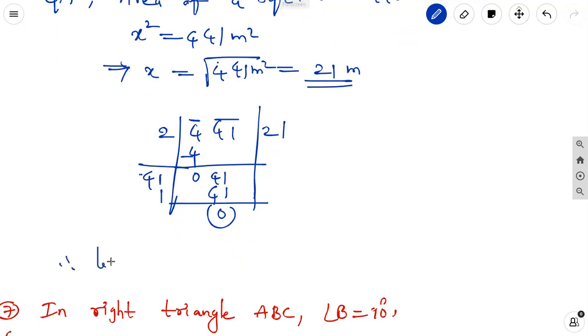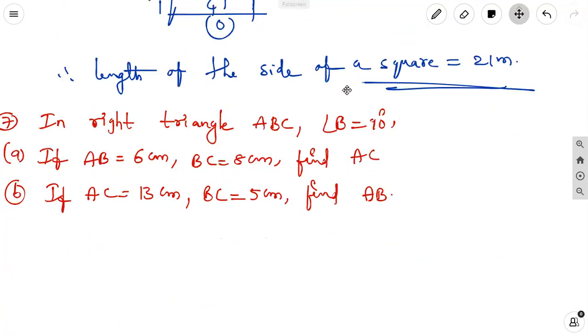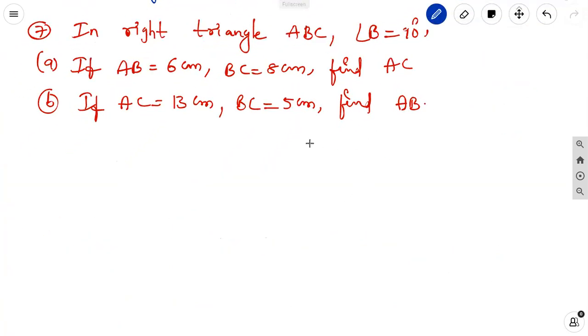Therefore, the length of the side of the square is equal to 21 meters. That is the answer. Just take the formula and use the division method for the square root of the given area to get the side of the square. Next, the seventh problem.